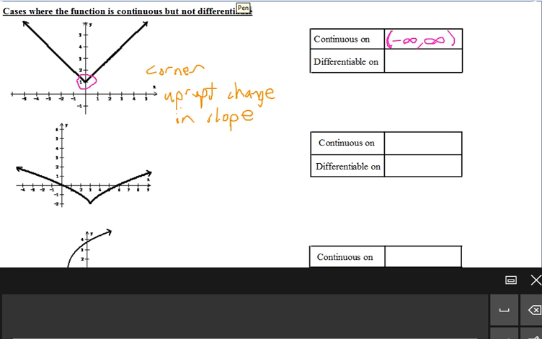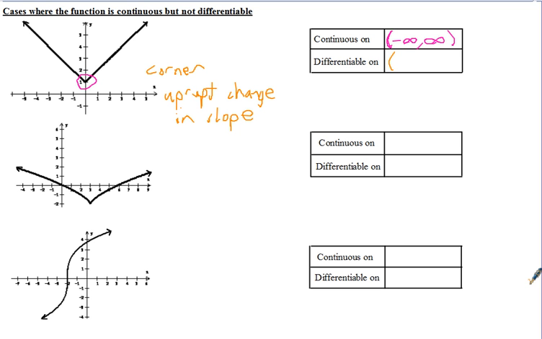So it's differentiable on negative infinity to 0, parentheses, and union from 0 to infinity, everywhere but that corner at 0.